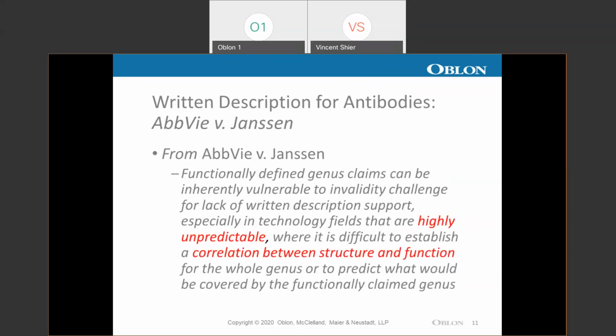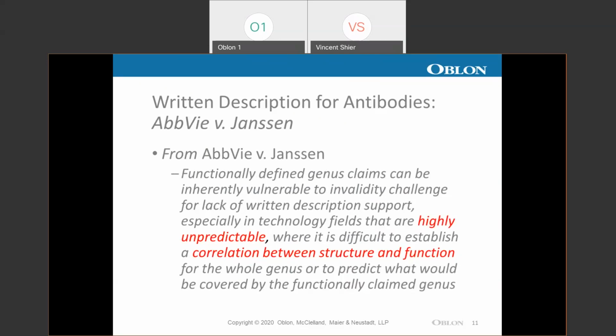Here, AbbVie's generic claim can be classified as a set of human antibodies defined functionally by their high affinity and neutralizing activity to the human IL-12 antigen. AbbVie's patent described only one type of structurally similar antibodies rather than antibodies representative of the full scope of the genus. There was no disclosure of any structural features common to the members of that genus.